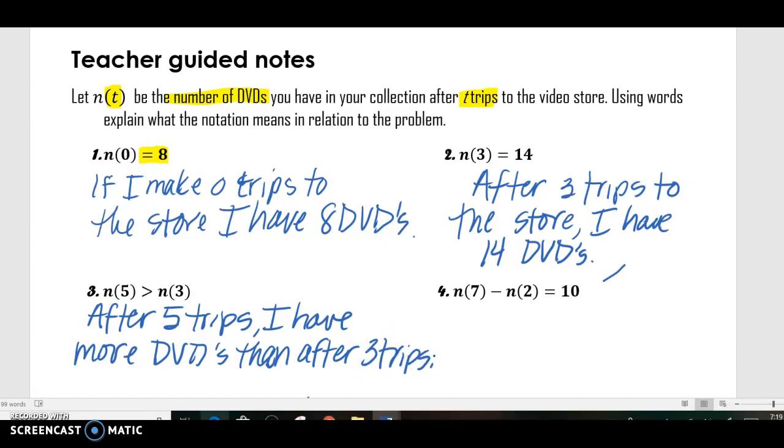Okay, and this last one just means if you subtract the number of DVDs from after 2 trips from 7 trips, you'll have a total of 10 DVDs. I'm going to abbreviate here.